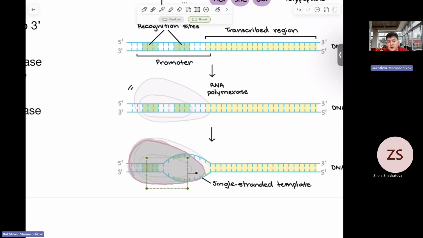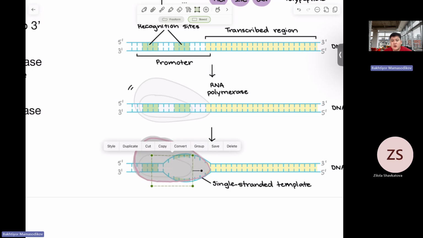It adds nucleotides only at the 3' end, meaning it moves along the template in the 3' to 5' direction and makes RNA in the 5' to 3'. So it's moving in the DNA molecule starting from the 3', going to the 5', okay? And synthesizing the new messenger RNA starting from 5'. The RNA polymerase never uses the coding strand.